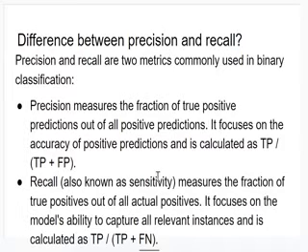So precision compares the true positives with all positive predictions, and recall compares them with the actual positives.